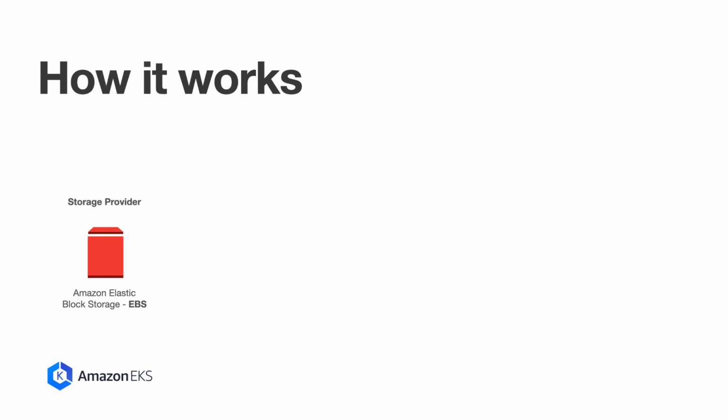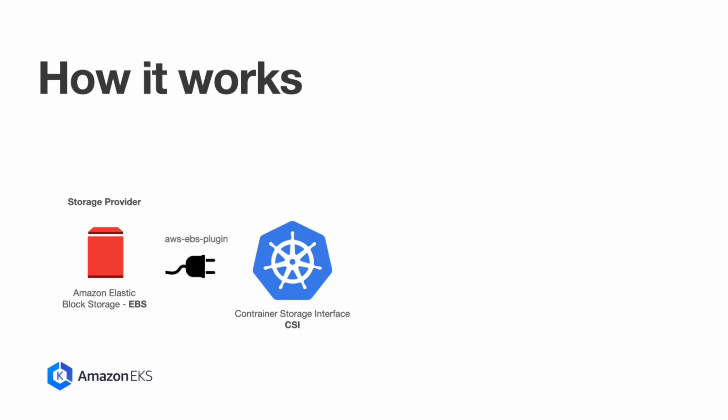Then with Kubernetes, we have something called the Container Storage Interface. This interface is what providers have to implement. In this case, we have the AWS EBS plugin. So the provider implements the interface, and that in itself gives us something called a persistent volume.